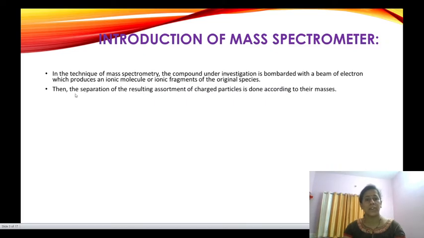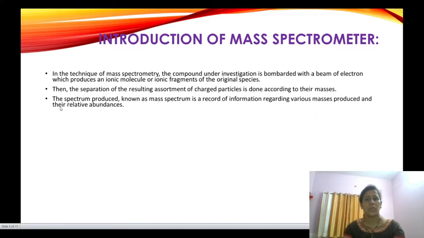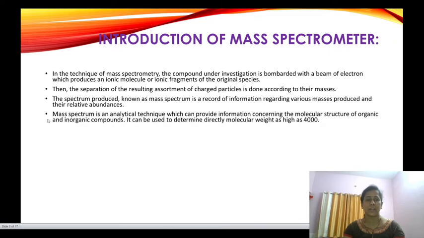The next step is the separation of the resulting assortment of charged particles according to their masses. The spectrum produced is known as the mass spectrum, which is a record of information regarding the various masses produced and their relative abundance.